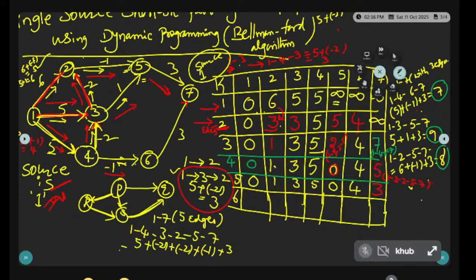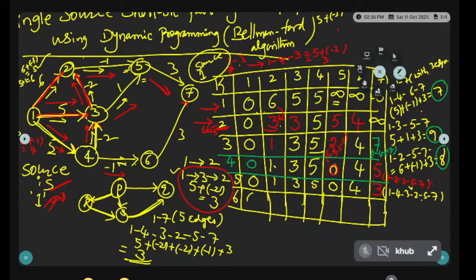So this is equal to 3. You can write here the path is 1 to 4, 4 to 3, 3 to 2, 2 to 5, 5 to 7. That only will be updated.